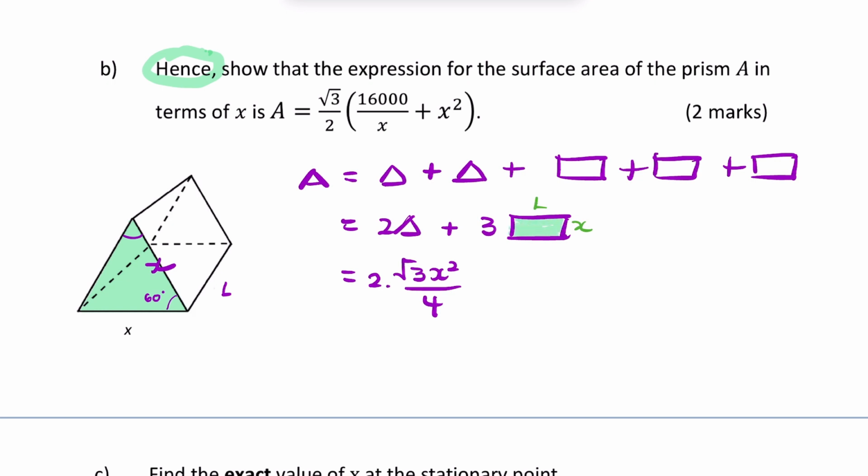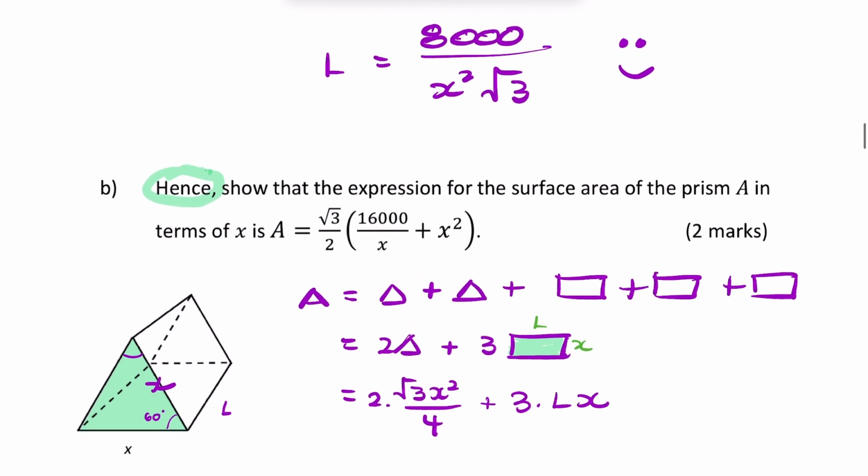So the answer for the area is simply plus 3 times L times x. Now that would be our final answer, except they want us to give the answer in terms of x without L. And they said hence, so we're expected to use this expression here.